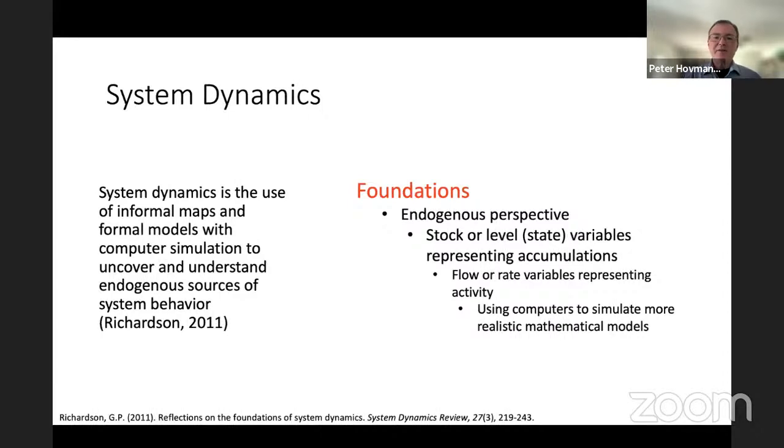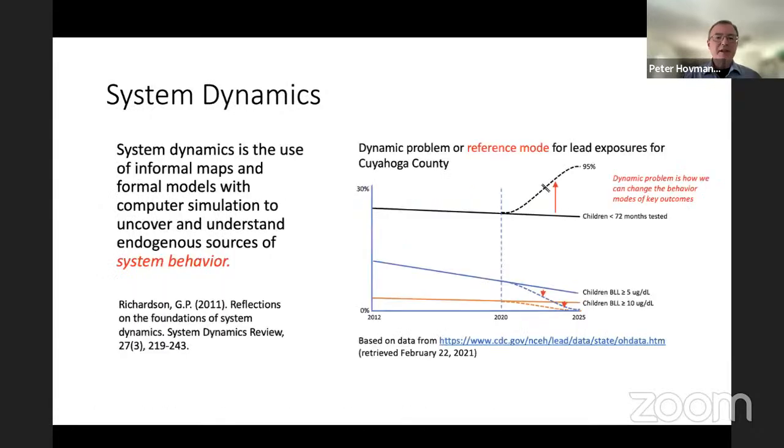What he emphasized was that there were these four pillars: the endogenous or feedback perspective, the idea of stock or level variables representing accumulations, flows, and then the last bit here being the use of computer simulations. This is a hierarchical list, so the fact that this is at the top of the list is an important feature. If this list were reversed, it would probably be much harder to think about how we engage stakeholders and communities in group model building.